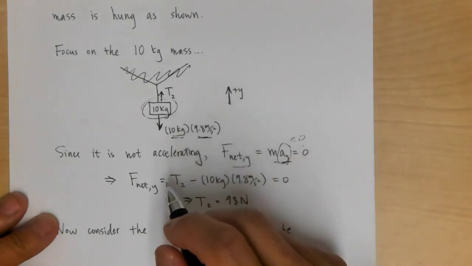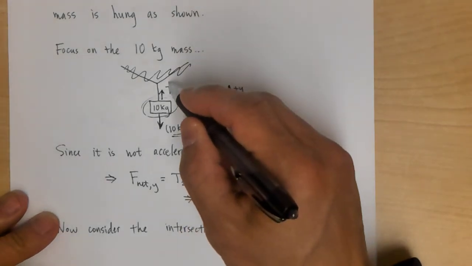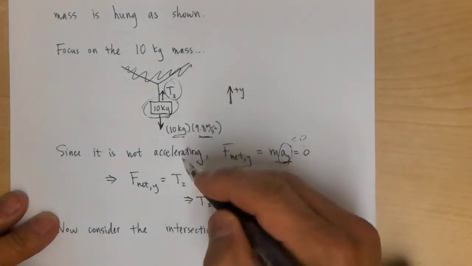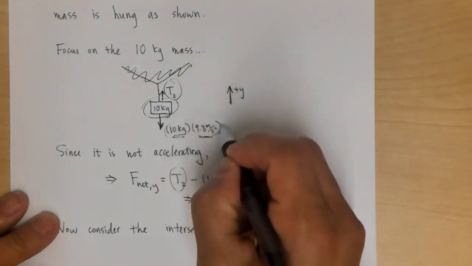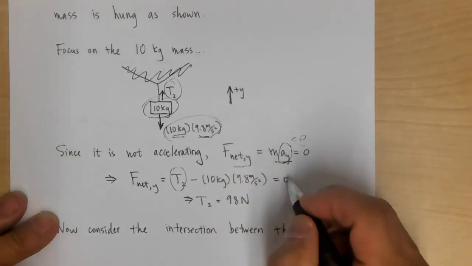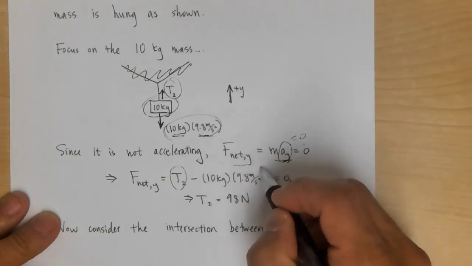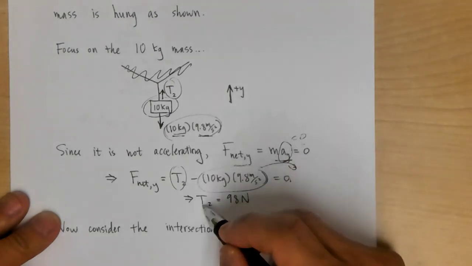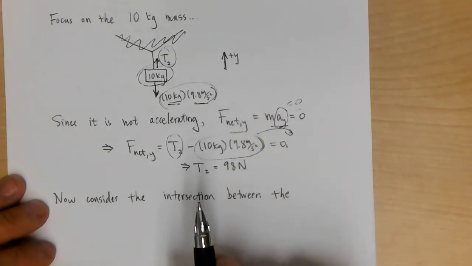Therefore, the net force in the y direction must be 0. Now let's take inventory of the net force. We have T2 in the positive y direction, and the weight going in the negative direction, so minus 10 kilograms times 9.8. The net force must be 0, so we bring this to the other side, and we get that the tension T2 is 98 newtons.